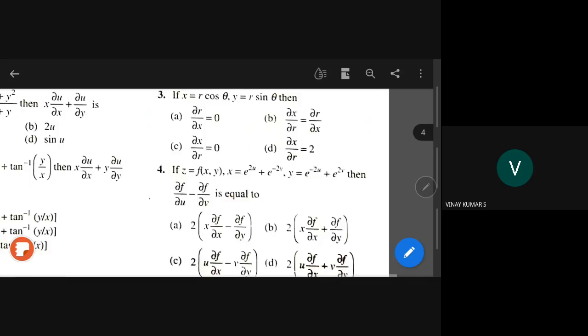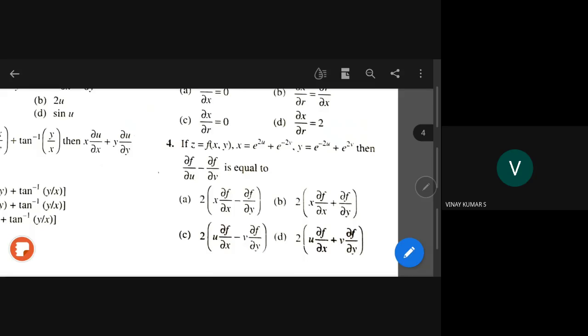Fourth one, z is f of x, y. x is equal to e^(2u) plus e^(−2v). Similarly, y is a relationship between u and v.